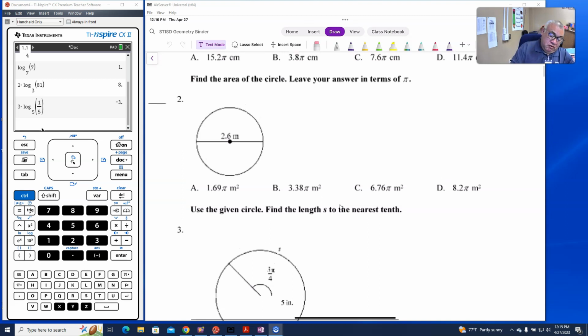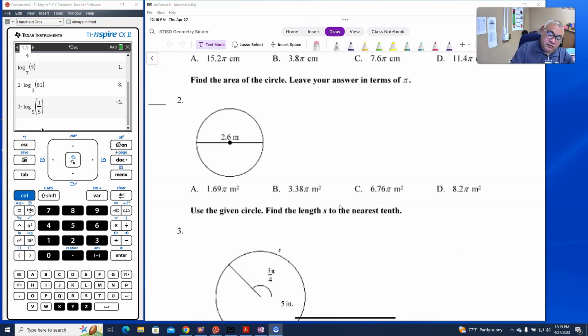We know that the area of a circle is pi r squared. Now, the common mistake that people make is that the diameter is 2.6 meters. Remember that the radius is half of the diameter, so this would be 1.3 meters.